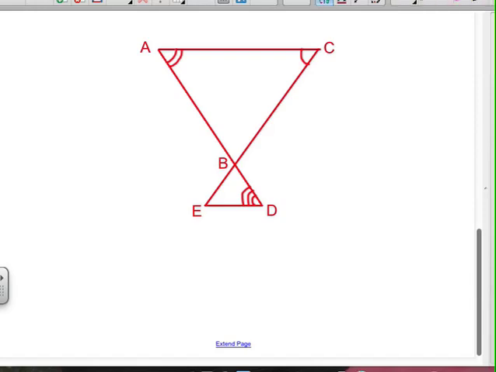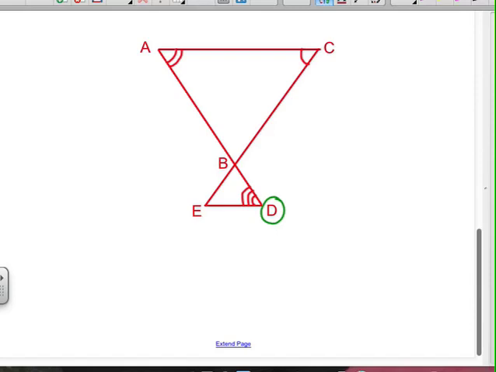Who do you think corresponds with angle D? What do you think? I guess it kind of depends on how you turn the shape. You could say angle A if you rotated it, or you could say angle C if you flipped it.